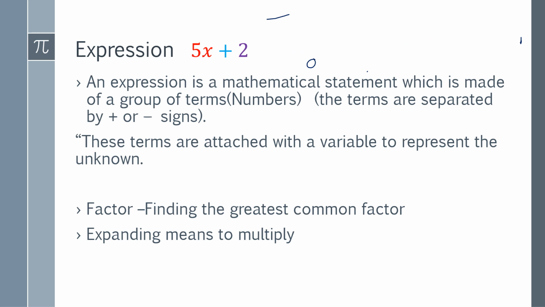In this example, you have 5x plus 2. So the x, of course, is the variable representing the unknown, and the number you see in front of the variable, you call that a coefficient.